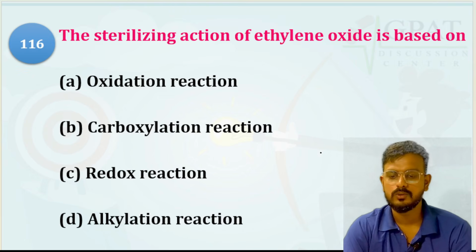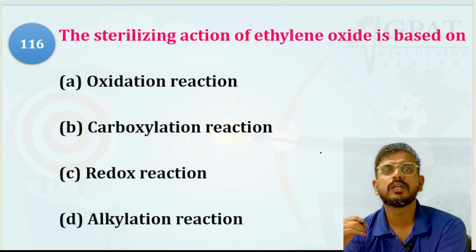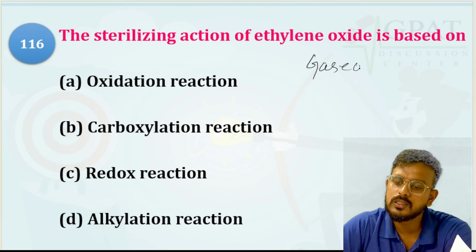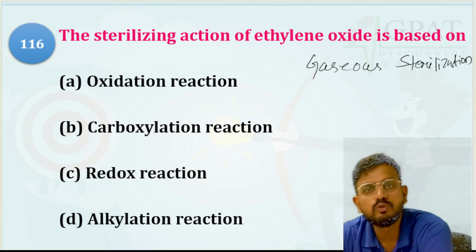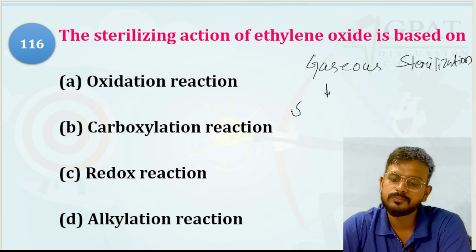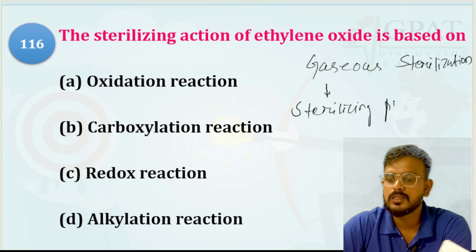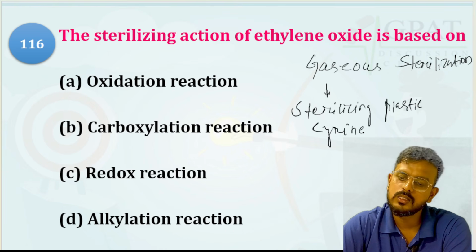Okay, next question. The sterilizing action of ethylene oxide. Ethylene oxide is which type of sterilizing agent? It comes under gaseous sterilization. It is used for sterilizing plastic syringes, needles, and many other things.